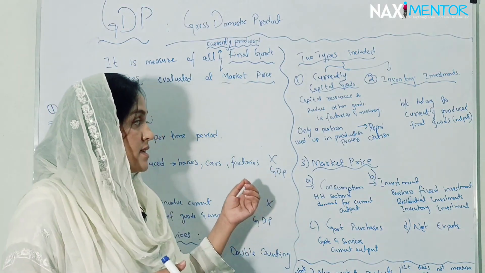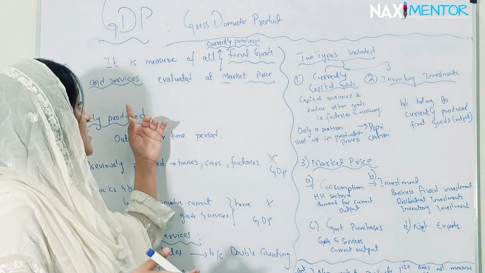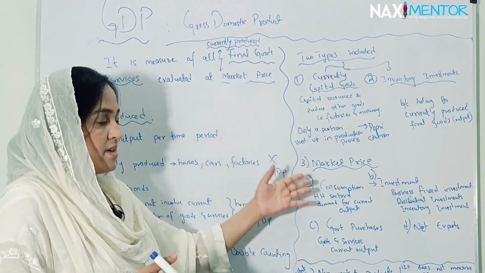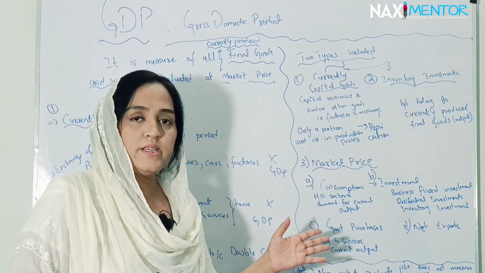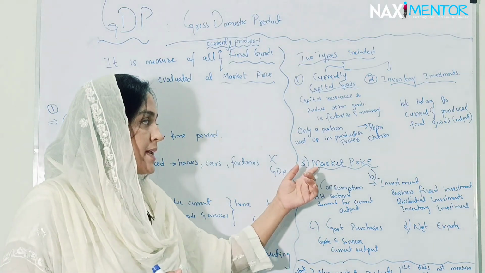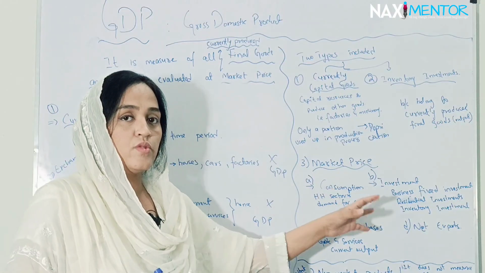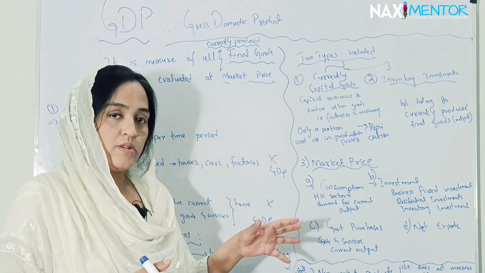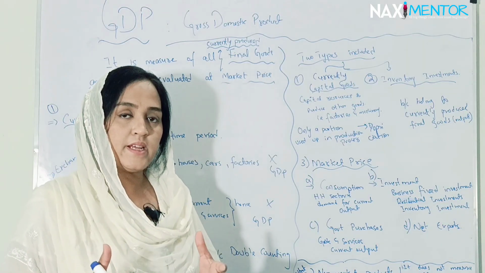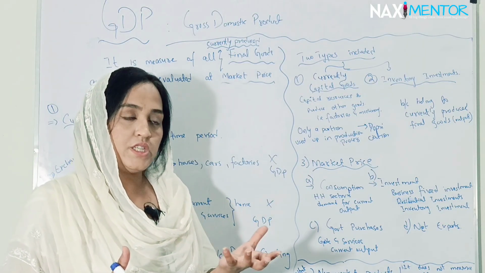The next thing according to the definition, the last point, is market price, evaluated at market price. All these goods and services are evaluated at market price, and for this we have 4 different heads, and all these heads are calculated as a table and then are counted for GDP calculation.